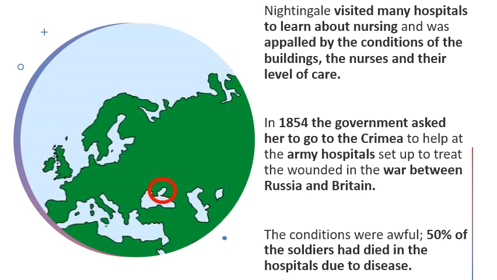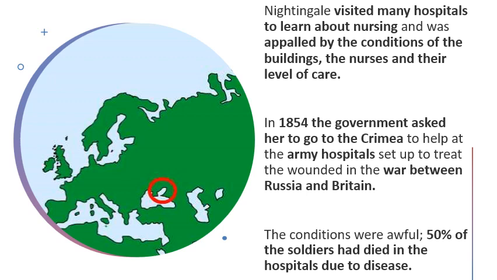This was her chance. So she put together a team of nurses. She visited hospitals to look at how they did things and to see what things were good, what didn't work, and was just shocked by the level of dirt and disease in hospitals, and she was determined to do something better.